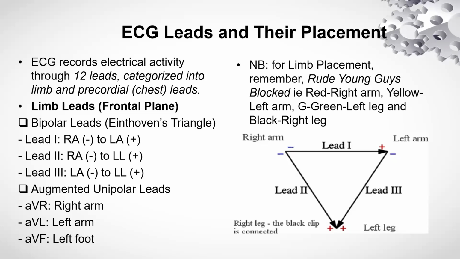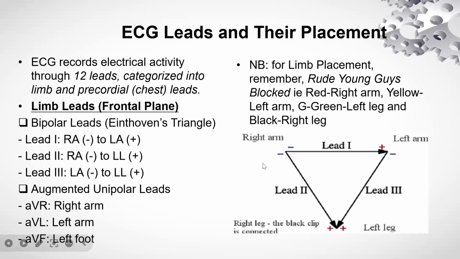So look at lead one. I have a mnemonic for it, "Rude Youngest Block", especially if you're going to apply the limb leads yourself. So you put the red lead on the right arm, here, if you can see.